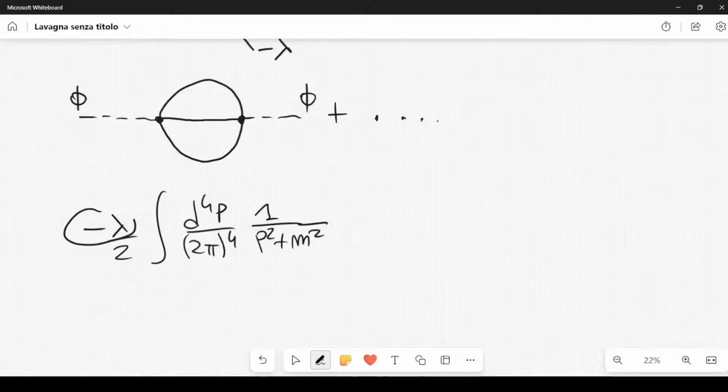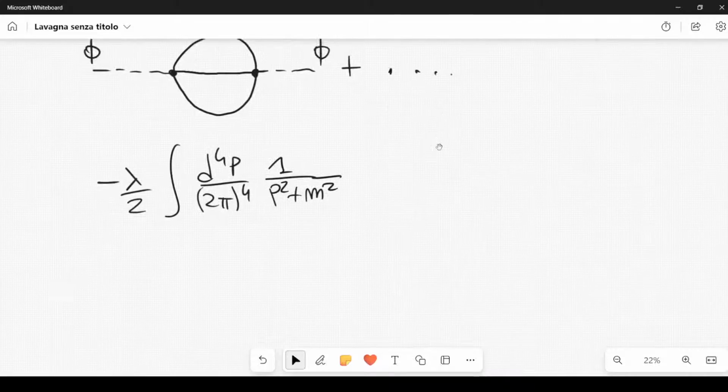And this minus lambda comes from expanding the action, in particular e to the minus the action S. So e to the minus S, you expand it to first order in lambda, and what you get is minus lambda times some integrals. So this minus lambda actually comes from expanding e to the minus S.